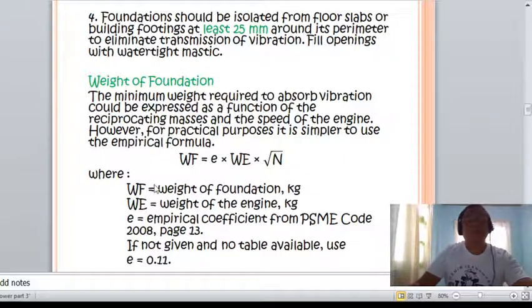Take note, class, that E is found in the PSME Code 2008, page 13. If the value of E is not given in the table, use 0.11.